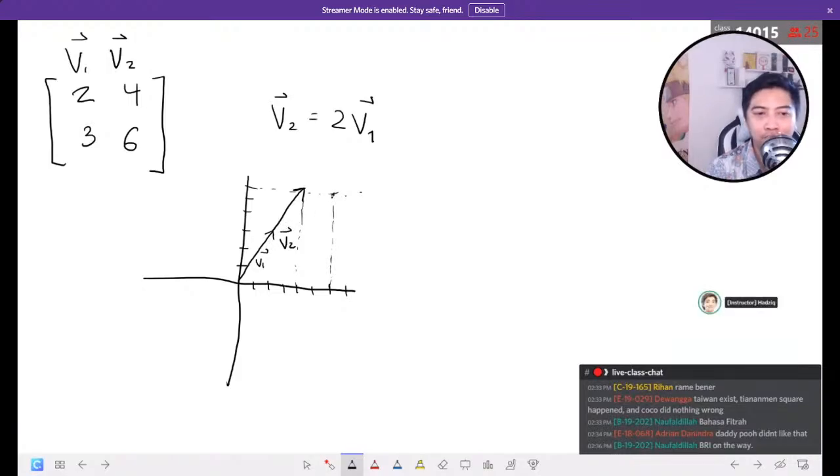The answer is impossible because these two vectors span only this line. So this is one dimension. This is just a matter of one dimension.